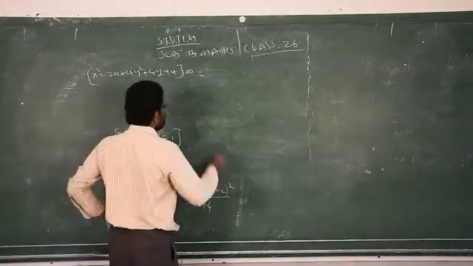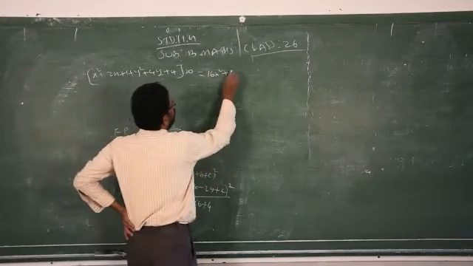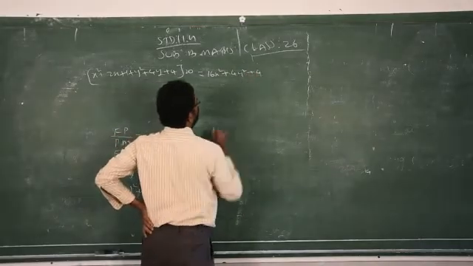Now, we have to square all the terms with the positive: 16x square plus 4y square plus 4.